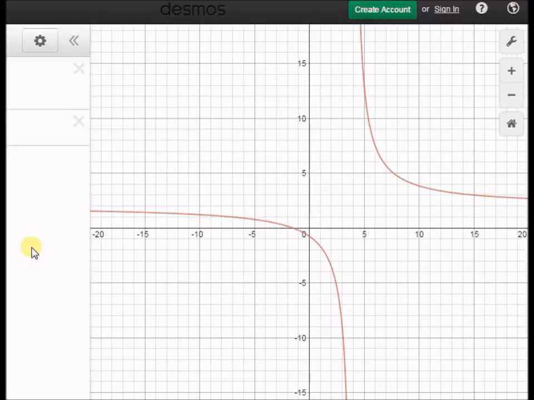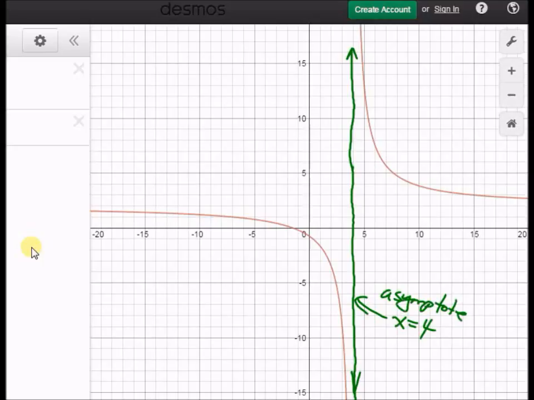We're going to be looking at as x approaches 4, because that's where the asymptote is, at x equals 4. Okay, there's an asymptote right here. So look what's going to happen. There's your asymptote. Okay, x equals 4, asymptote, and this is a vertical asymptote.